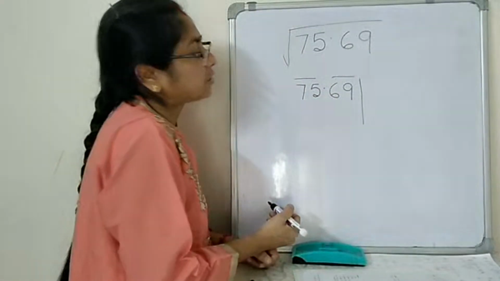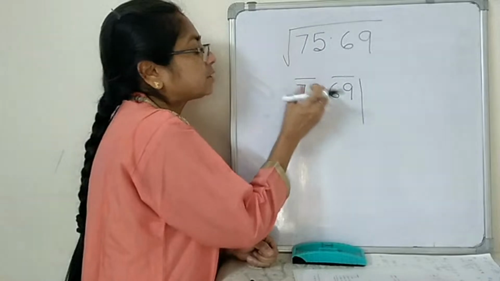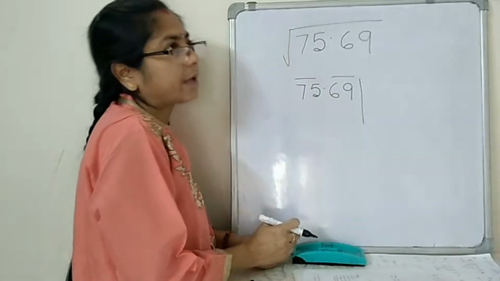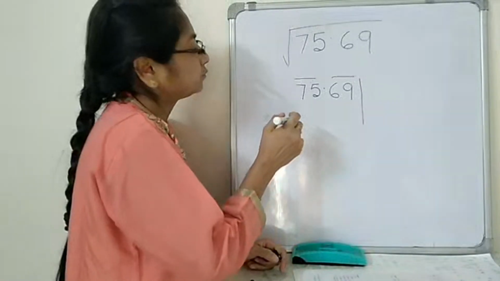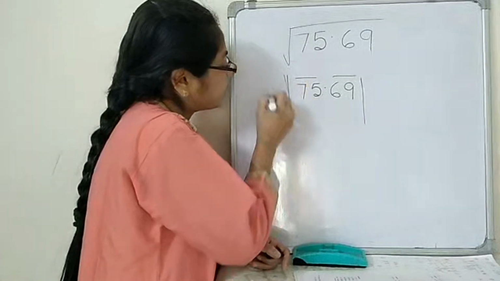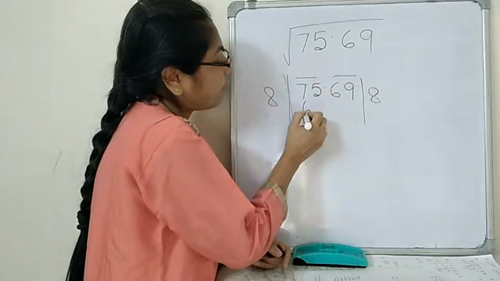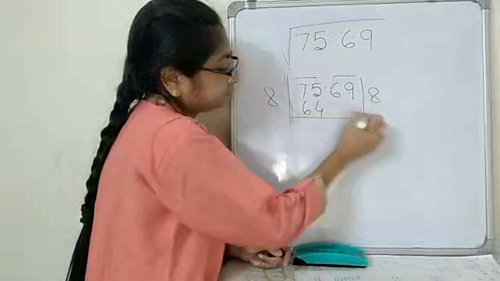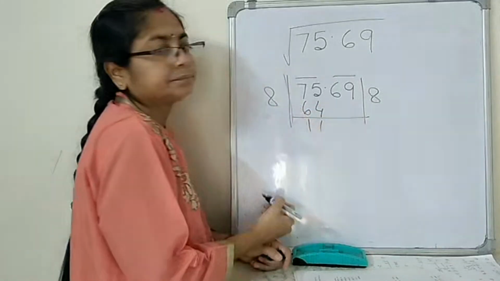Same long division method. I write the nearest perfect square number of 75. The nearest perfect square number is, I think, 8, which gives 64.